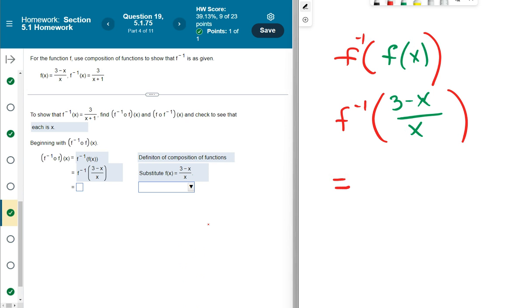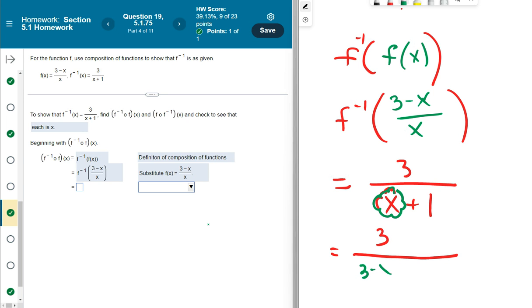This is going to equal, my f negative 1 function is 3 over x plus 1. And what we're going to do is take this out and put the green function in its place. So that's going to be 3 over 3 minus x over x plus 1.